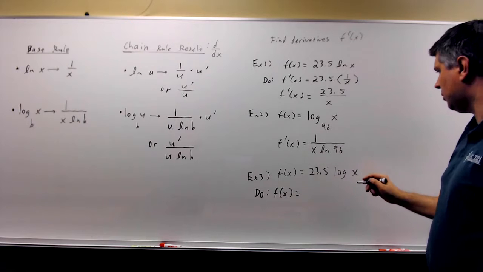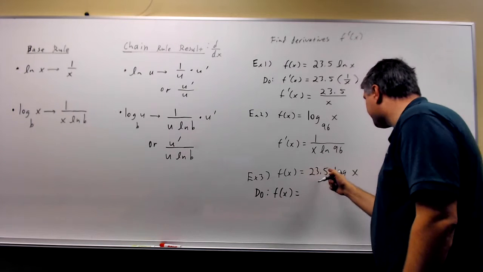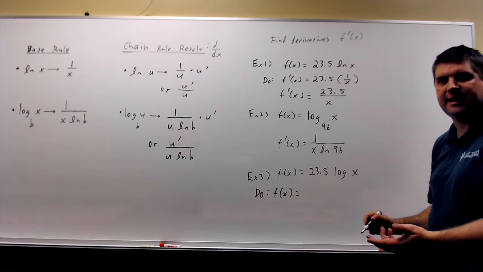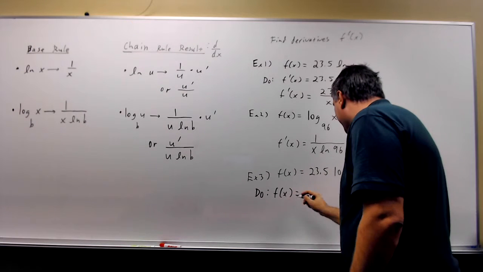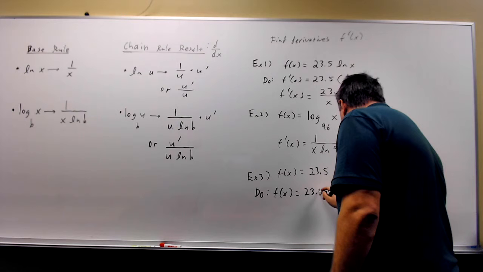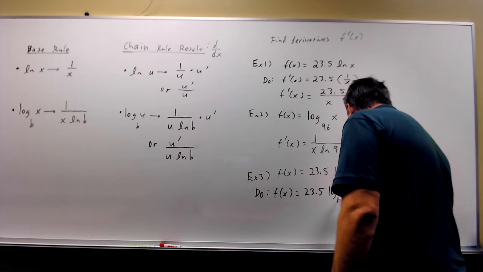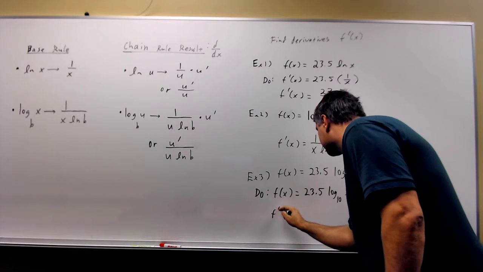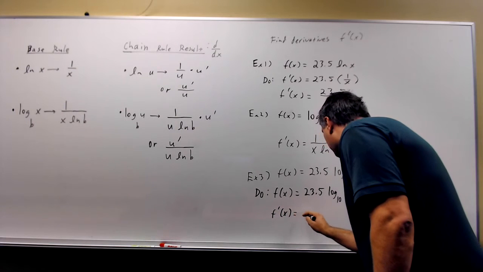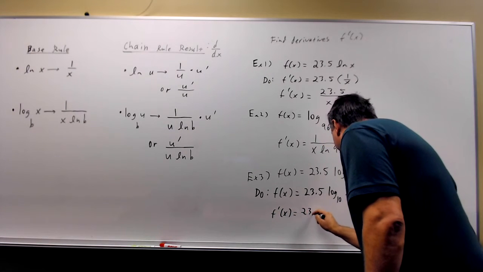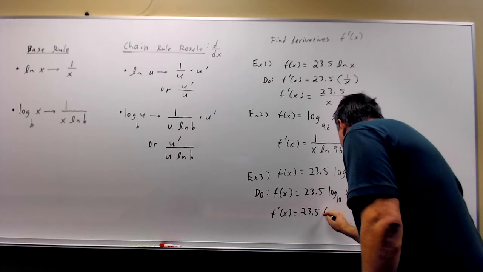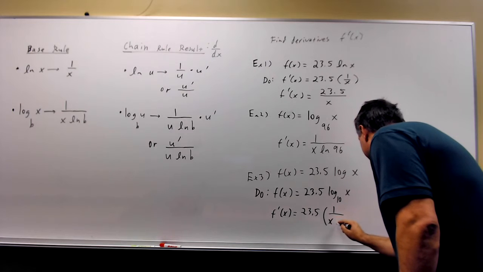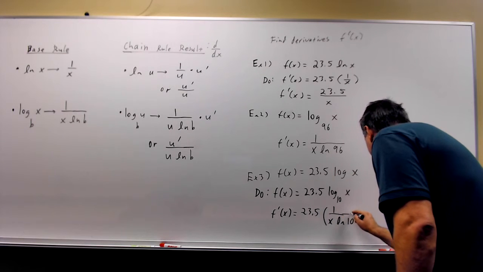Now, for this one, this is 23.5 common log of x. That's base 10. So I'm going to rewrite f of x as 23.5 log base 10 of x. So f prime of x would equal 23.5 times 1 over x natural log of 10.